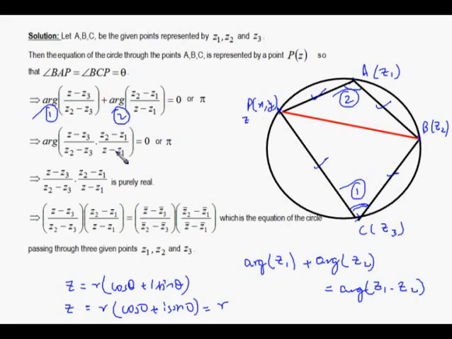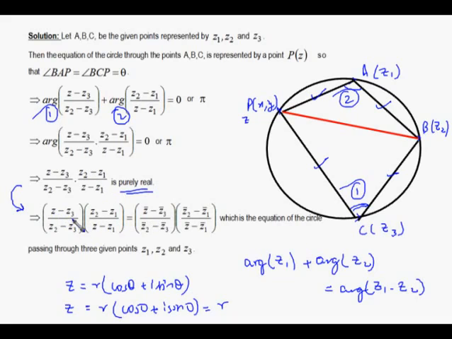So once I have concluded that this argument is 0, I can say that the complex number inside is purely real. That means even the conjugate of this complex number will be equal to itself. That's the premise that I'm applying over here. I put a conjugate on this entire entity and make it equal to itself.